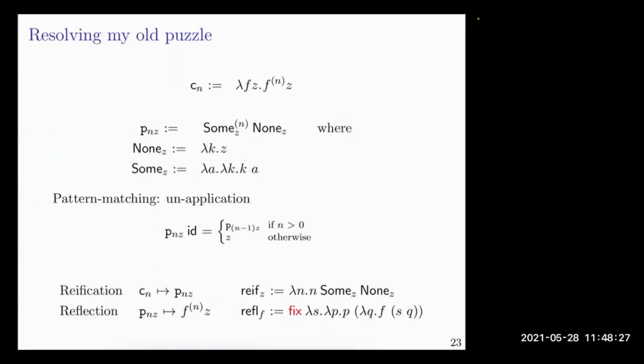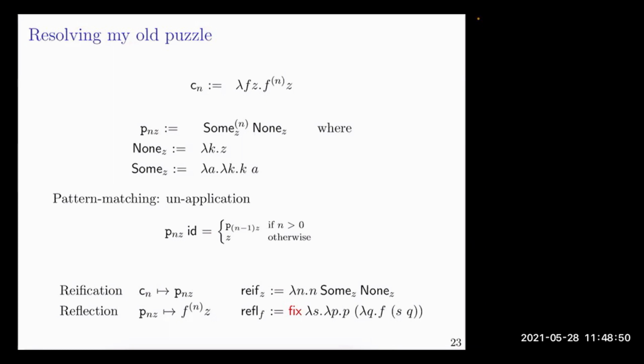Okay, so as I said before, I was puzzled by an application. So how do we get the predecessor? The predecessor has to unapply a function, and how do we unapply a function if lambda calculus does not support this operation?